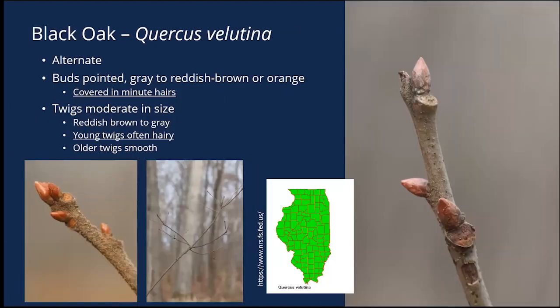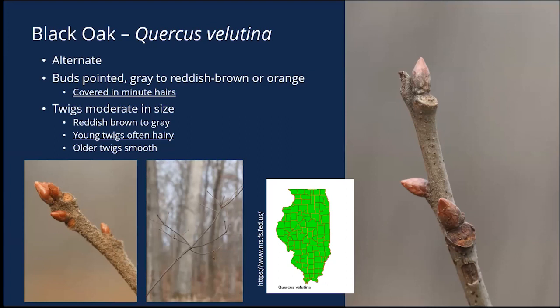Now, black oak is the one that's probably most commonly confused with northern red oak. The leaves look very similar, even in the summer. The trees themselves look very similar, even in the winter. If you can get to the buds, they are pointed, gray to reddish brown and orange in color. Often they're covered in minute hairs, and that's one of the differences between it and northern red oak.